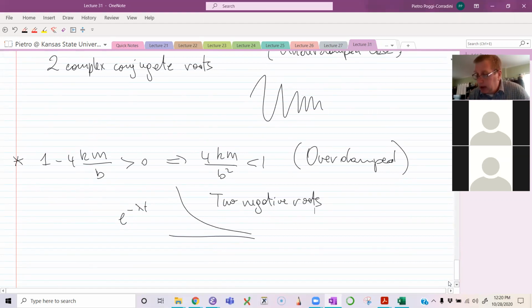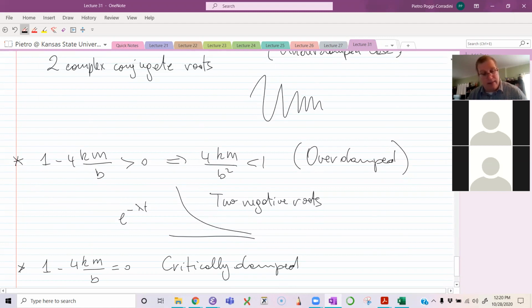And of course, then there's the case where 1 minus 4km over b squared equals 0. This is called critically damped. We'll not discuss this case as yet.